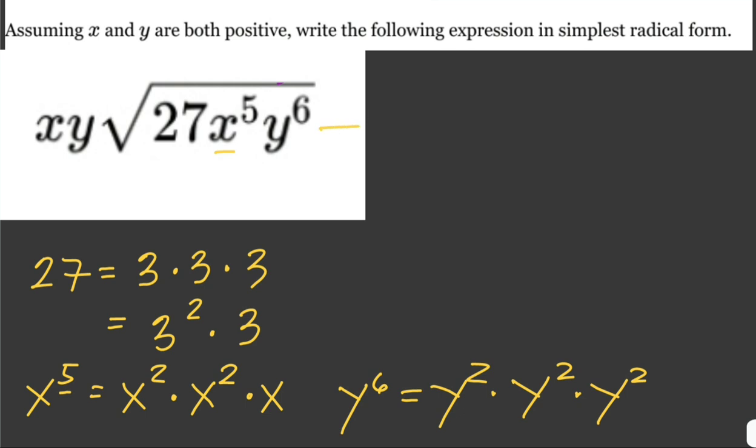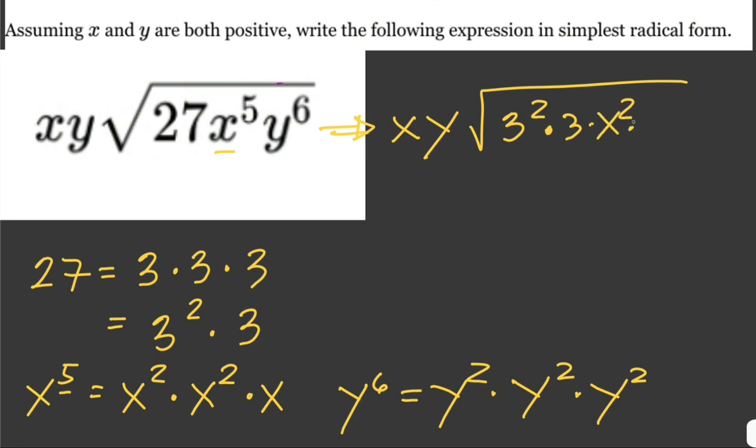And we can write this expression as xy square root of 3 squared times 3 times x squared times x squared times x times y squared times y squared times y squared.